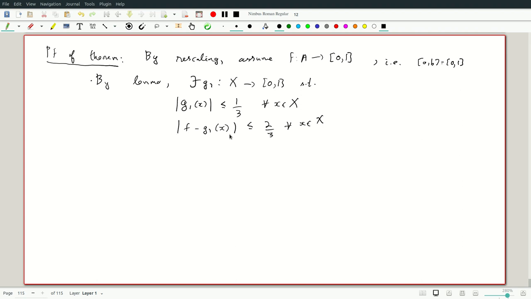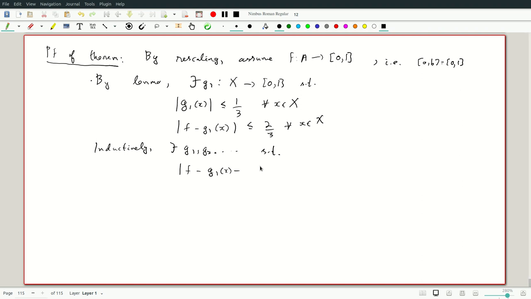Okay, so now F minus G1 you can think of as a smaller function. You have succeeded in approximating this, and find a G2 accordingly. So inductively, there exist G1, G2, etc. such that, well, let me write the second bound first.